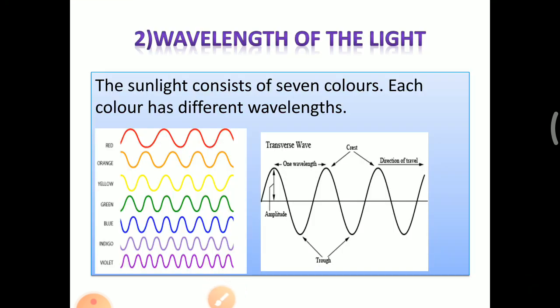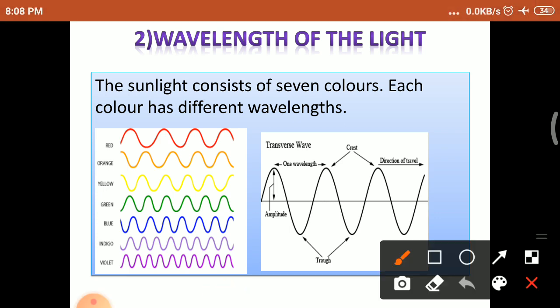The next one, the wavelength of the light. How does scattering depend upon the wavelength of the light? The sunlight consists of 7 colors, and each color has a different wavelength. We already learnt this topic in the last class. Look at this image.